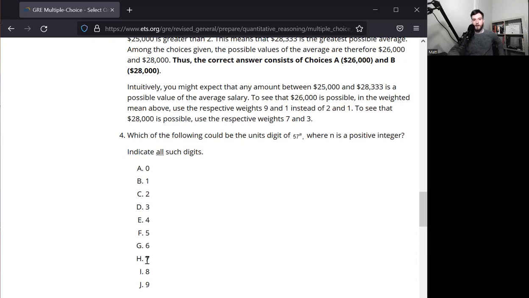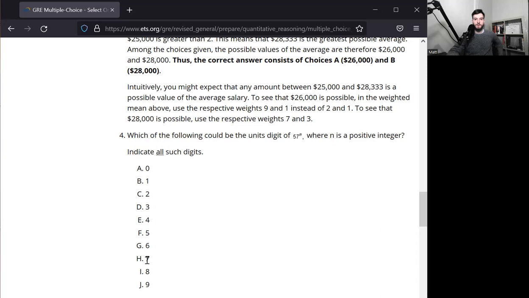12 times 12 is 144, right? The units digit is 4. 2 times 2 is also 4. In fact, let's go again. Let's do 11 times 11. That's 121, right? The units digit is 1. 1 times 1 is also 1.